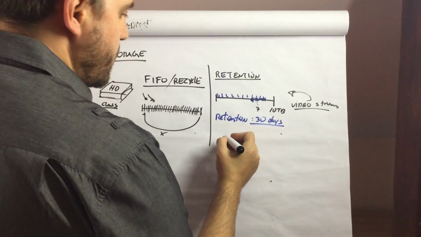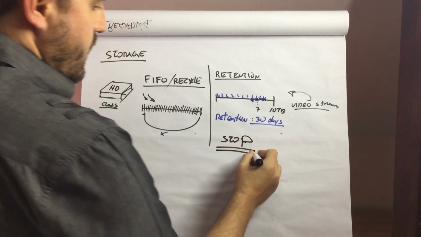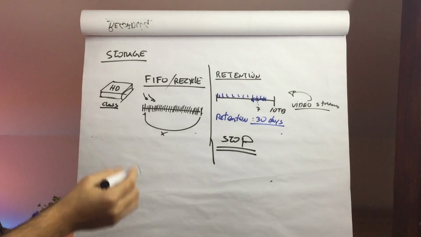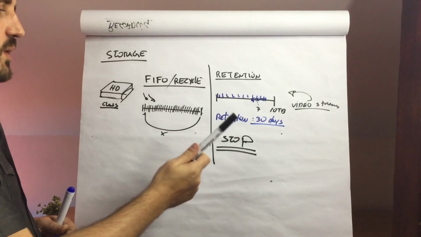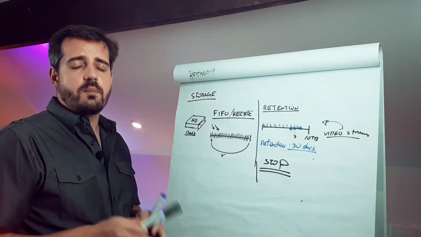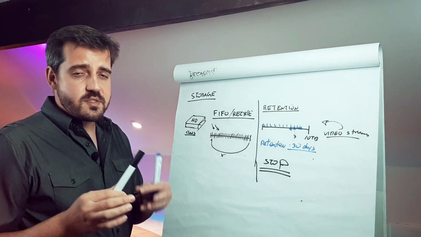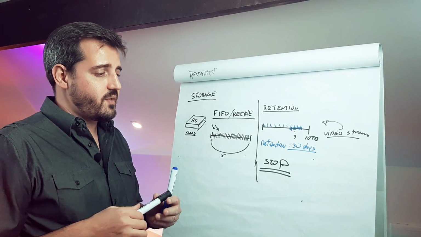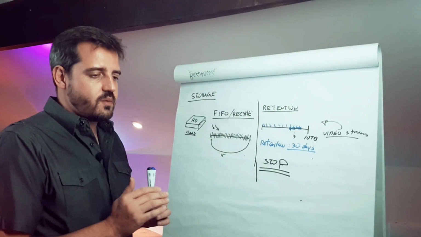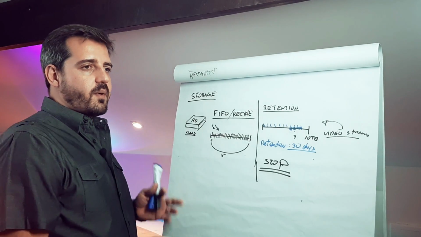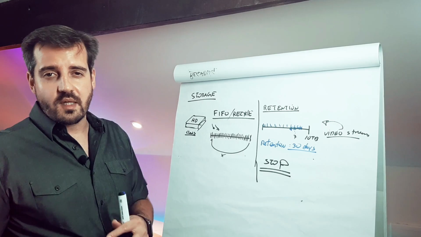And the last one is the stop mode. We still have this option in a few embedded NVRs, and basically it stops recording when it fills the hard drive. It's used in very specific applications where you want to record and you don't want to lose anything before someone evaluates or needs to export something.